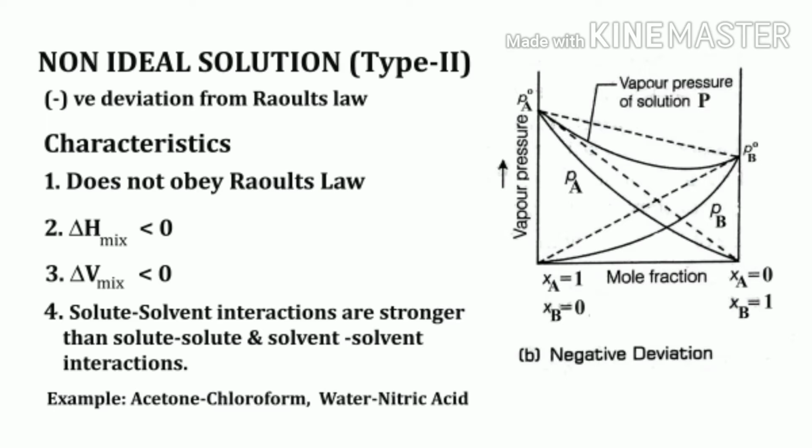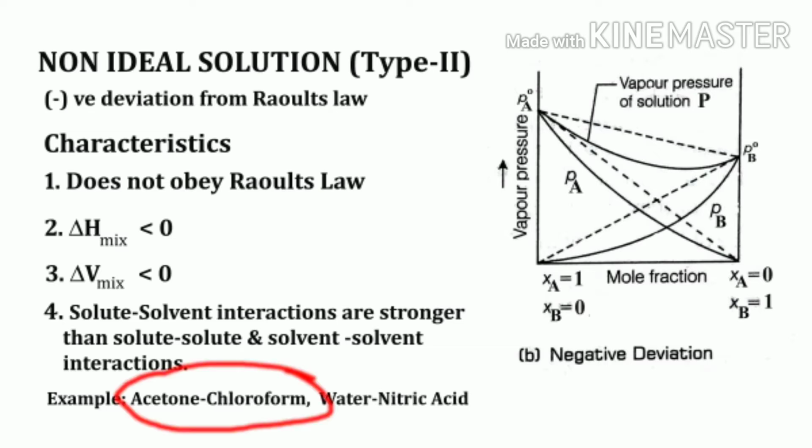So similarly, here also in this figure, the variation of the vapor pressure against the mole fraction for non-ideal solutions showing negative deviation is shown by the solid lines. A few examples of such solutions are a mixture of acetone and chloroform, and a mixture of water and nitric acid.